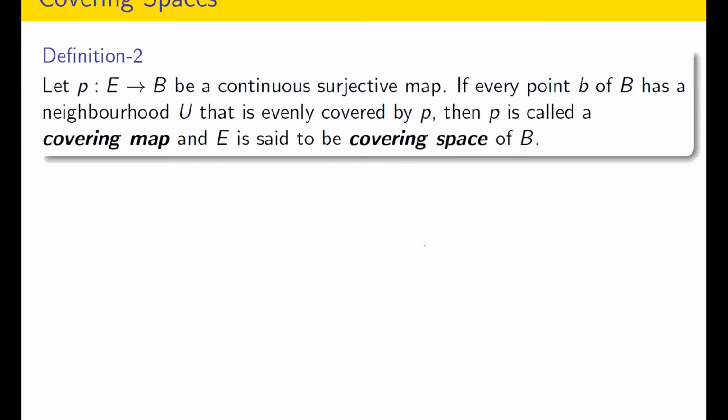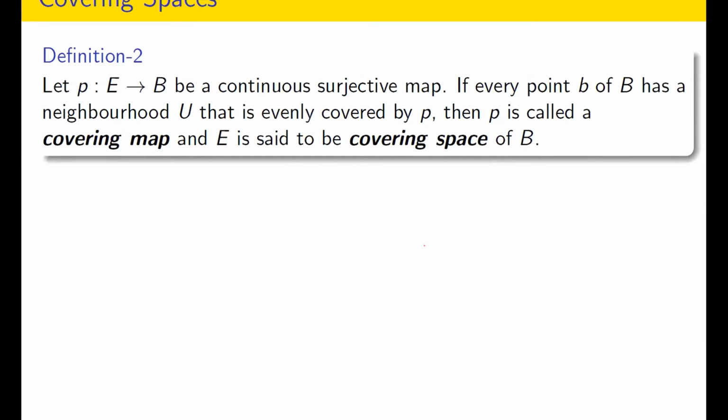Now we have another definition, what is called a covering map. We said when a set U is called evenly covered by P. Now we define a covering map. Let P from E to B be a continuous surjective map.